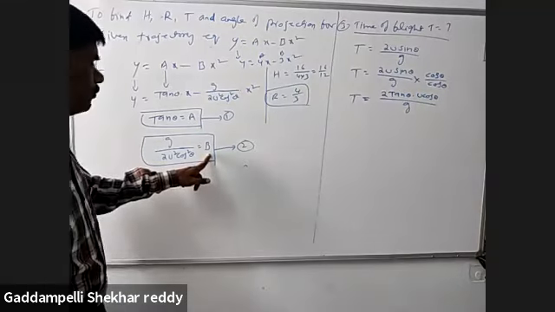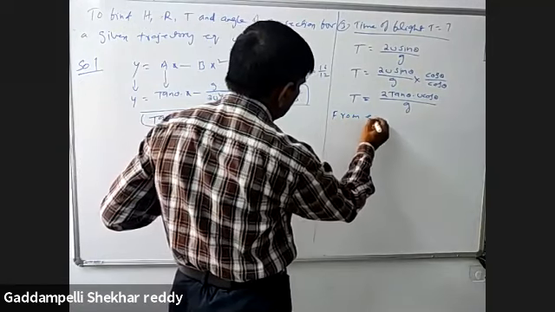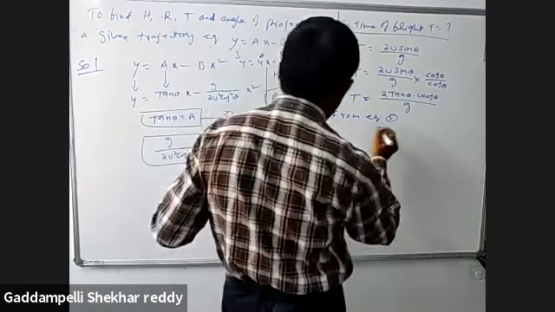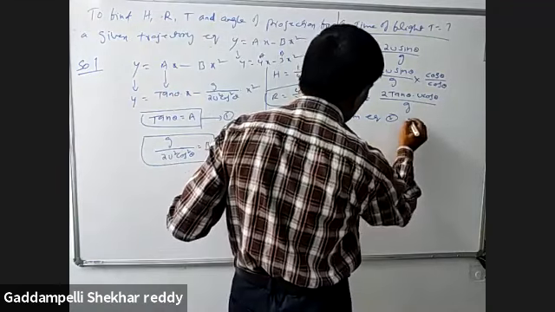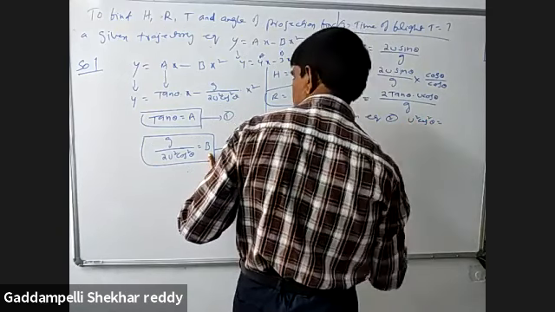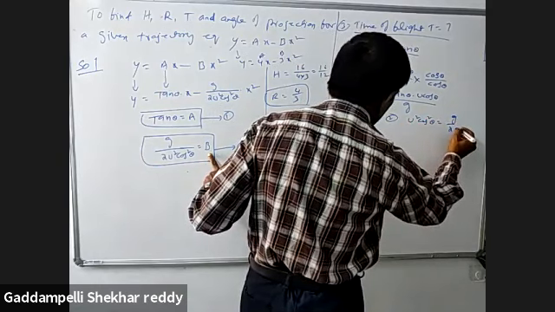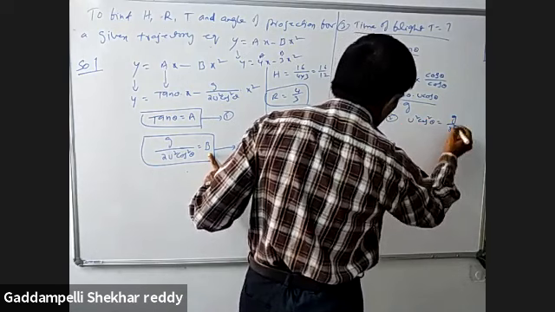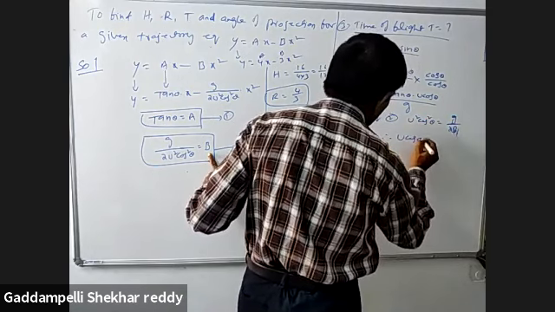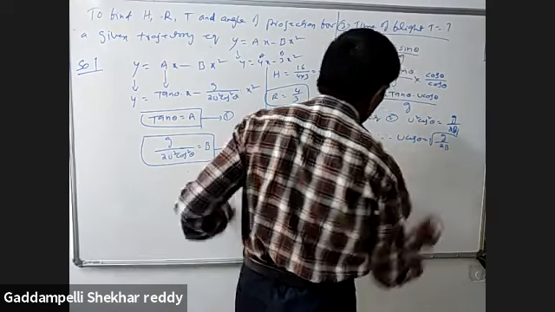From equation 2, u square cos square theta is equal to g by 2b, so u cos theta is equal to under root of g by 2b.